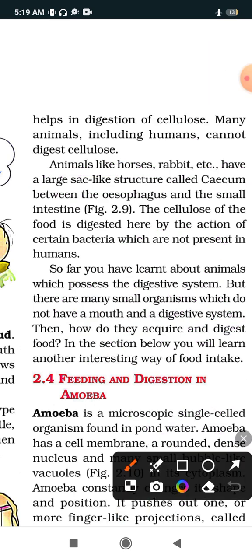So cellulose of food is digested here by the action of bacteria.